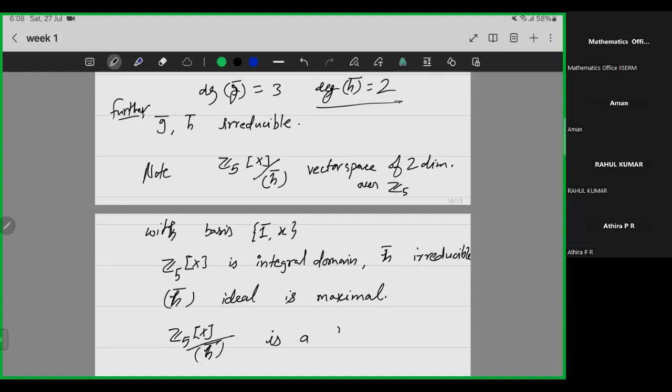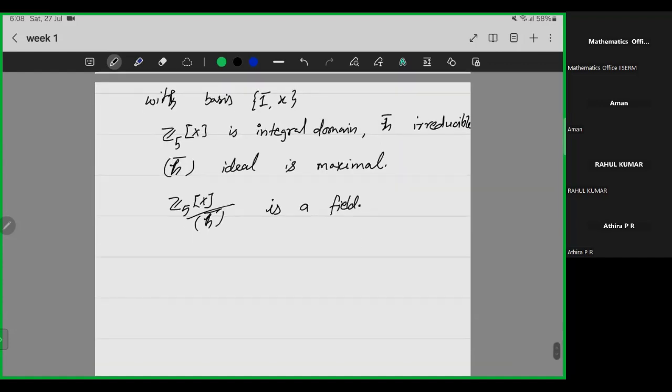The degree of the extension is just 2; this is nothing but the field with 25 elements, 5 power 2. I hope you understand this terminology. This is just 2.